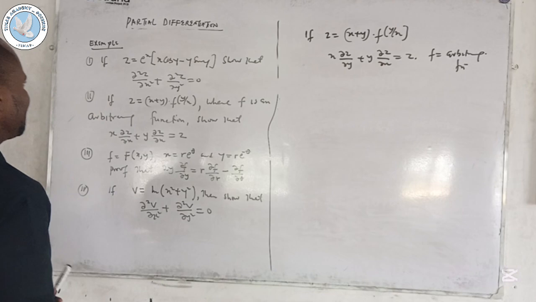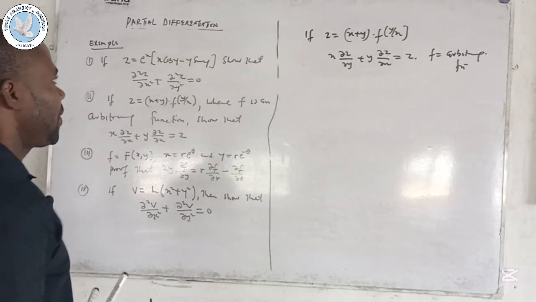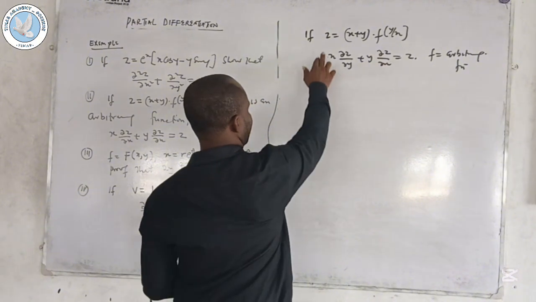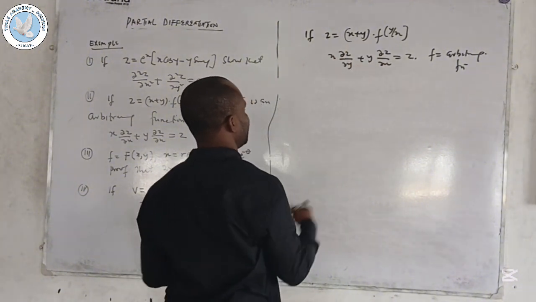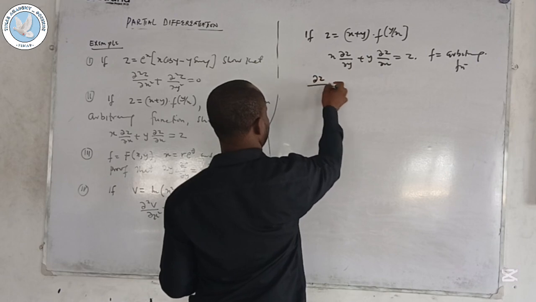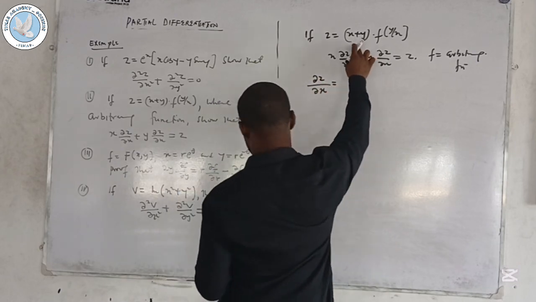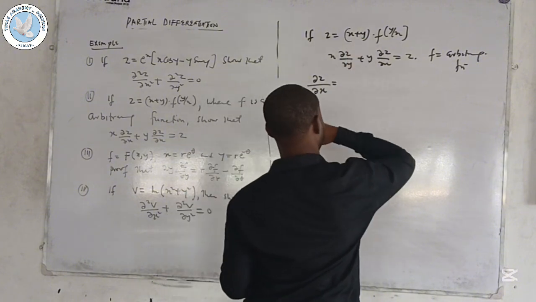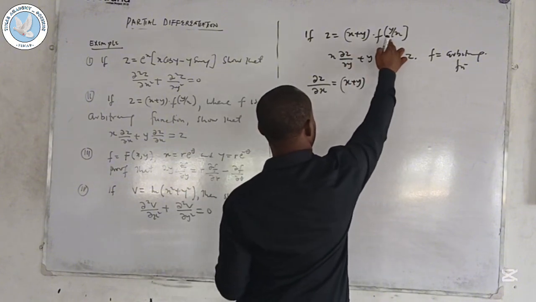Okay, let's solve for number 2 question that the z is equal to this, and we also prove this. So at this point we have the z divided by the x. We can treat this as a product rule where we can keep this and differentiate this.